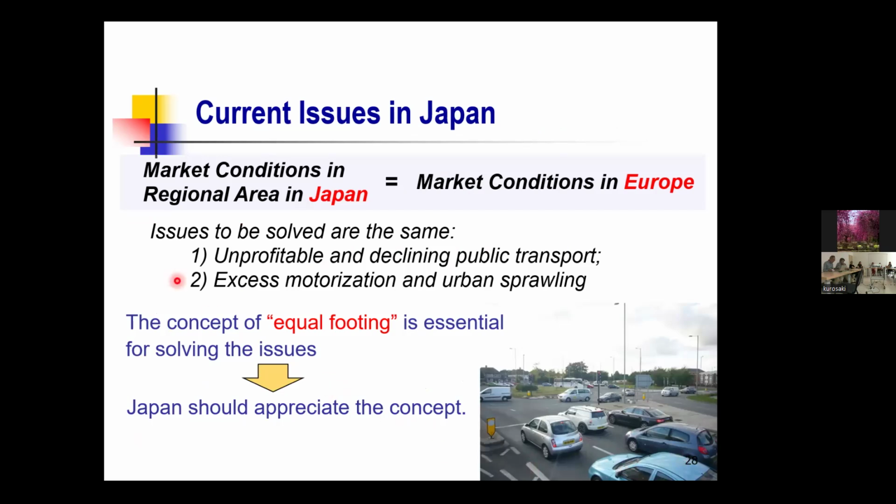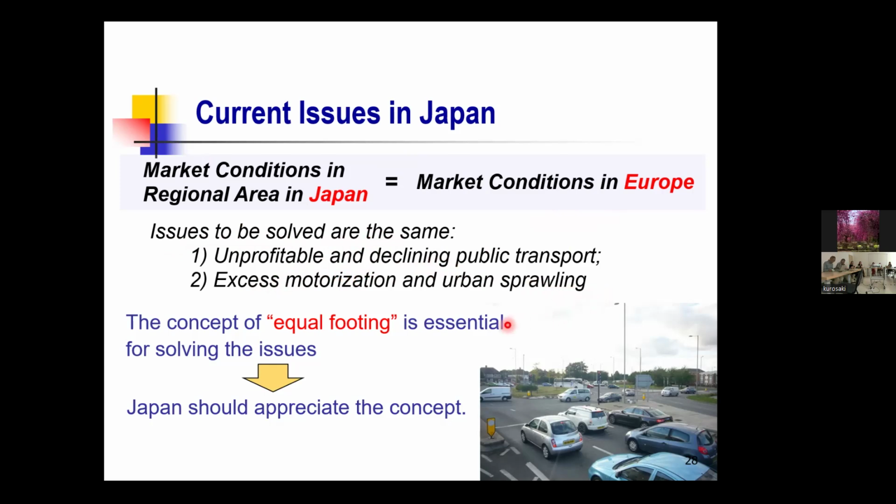When we see the market condition in local areas in Japan, the conditions are similar to European countries, and the issues to be solved are the same. Specifically, unprofitable and declining public transport, and excess motorization and urban sprawling.